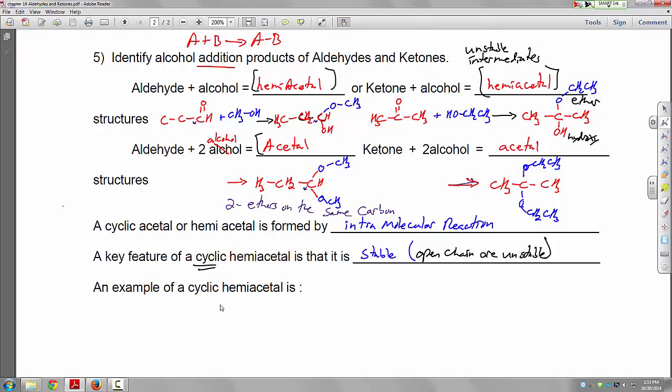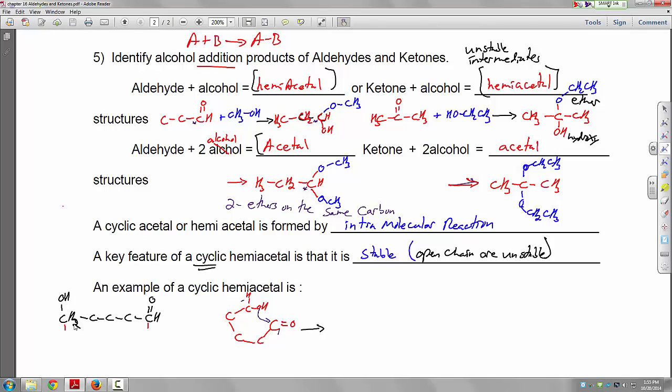All right, so an example of a cyclic hemiacetal. Let's make this carbon number 1. This is carbon number 5. Carbon 1, carbon 5. So one part of the molecule reacts with the other part.